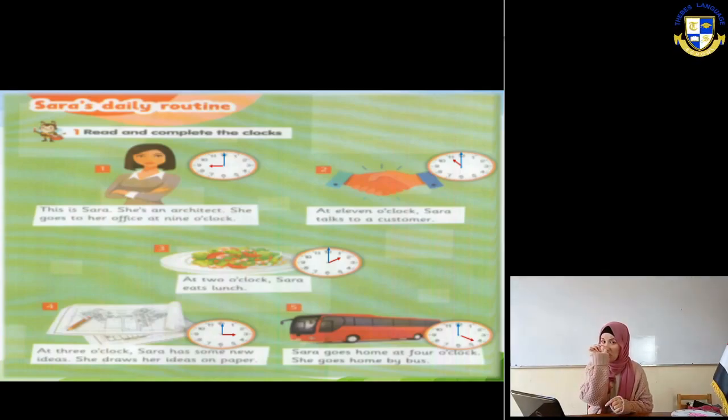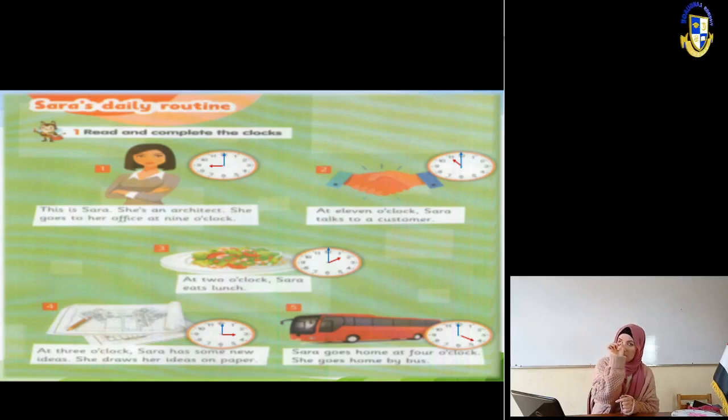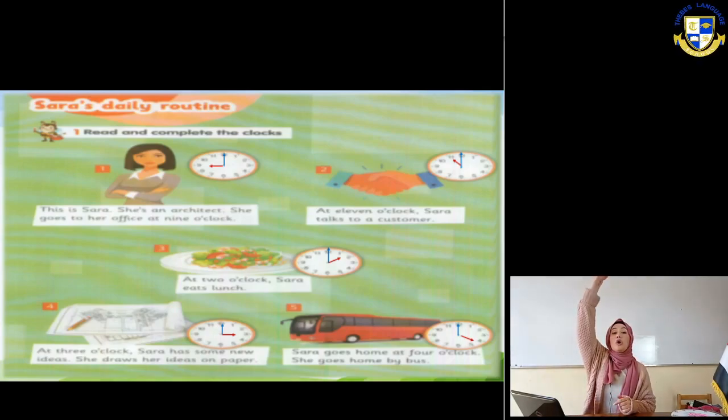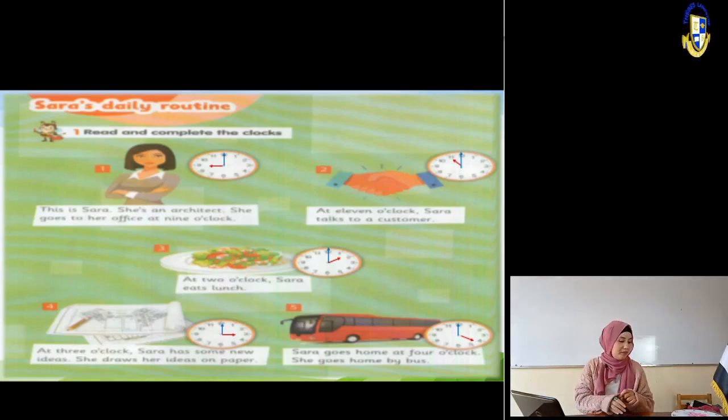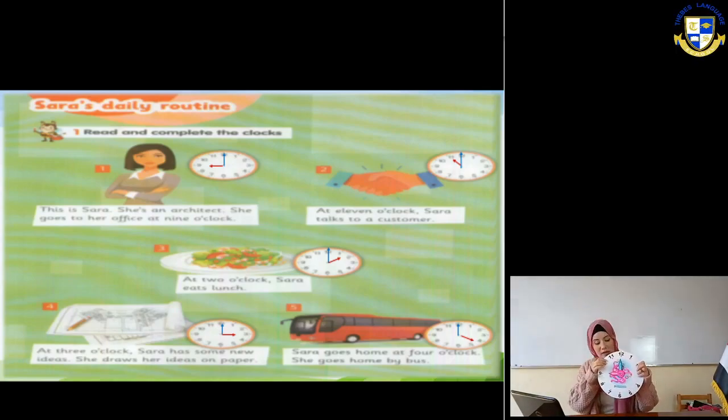The short arm is on 9 because I say the number of the short arm first. I said what first? 9. So, short arm on 9 and the o'clock means long arm up on 12. This is 9 o'clock.